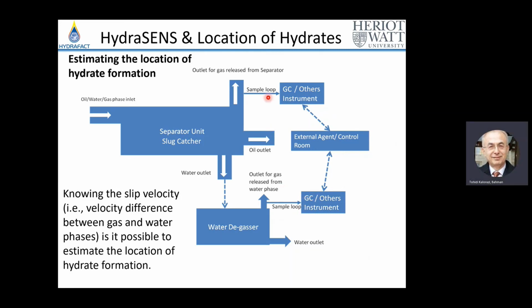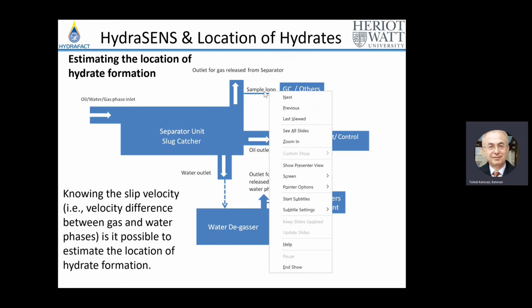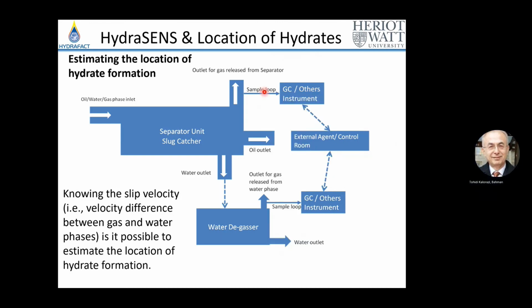So if you time this one at time 0 and this one after 1000 seconds, and you have information about the slip velocity, which is the velocity difference between gas and liquid phase.